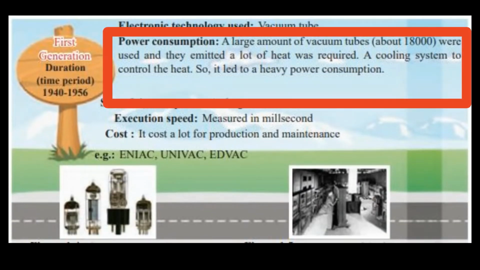In the power consumption of the first generation, a large amount of vacuum tubes were used and they emitted a lot of heat. A cooling system to control the heat was required, so it led to a heavy power consumption.